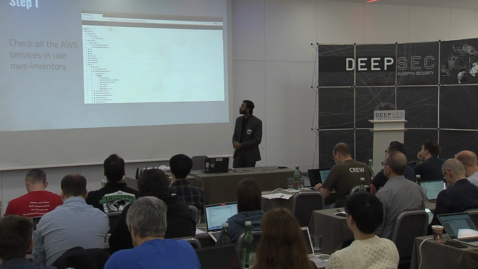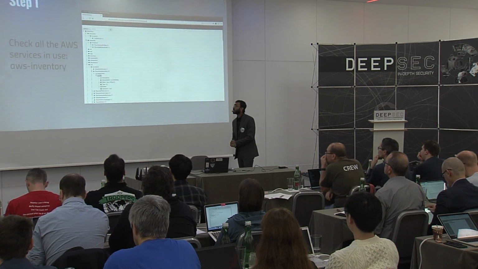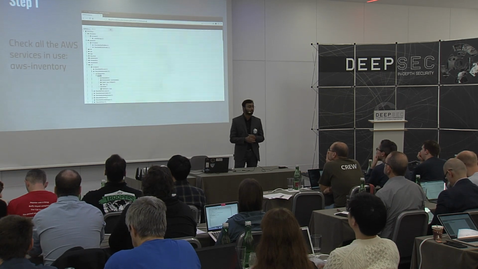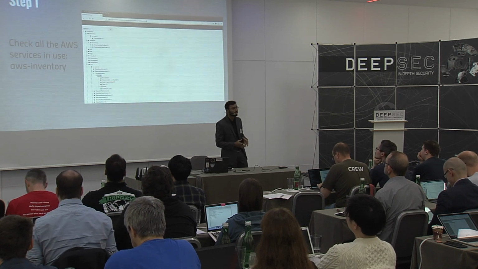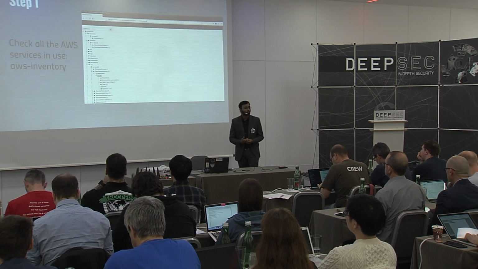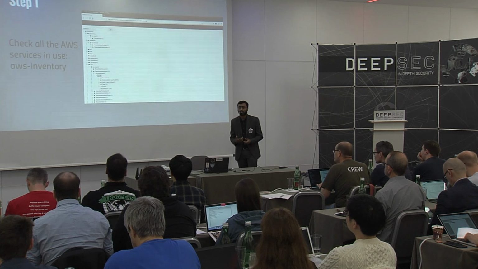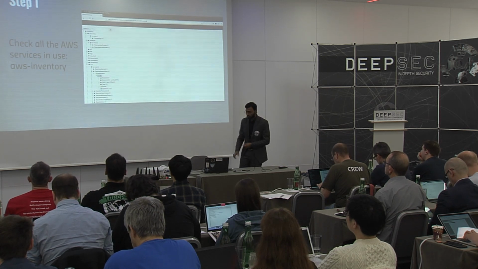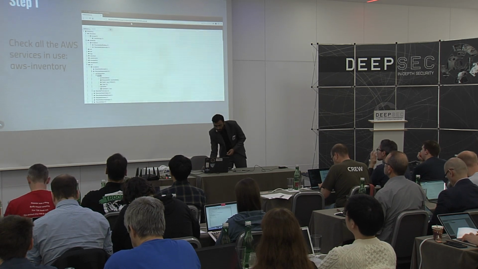So the very first step is checking all the AWS services being used in a particular account that we are trying to pen test. For that I mostly use an open source tool called AWS Inventory.